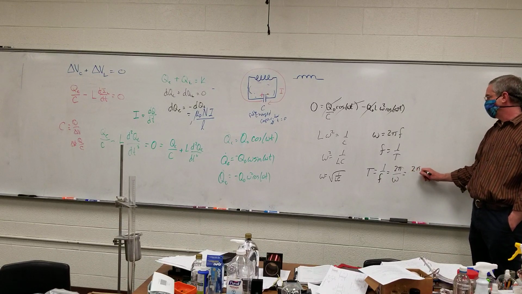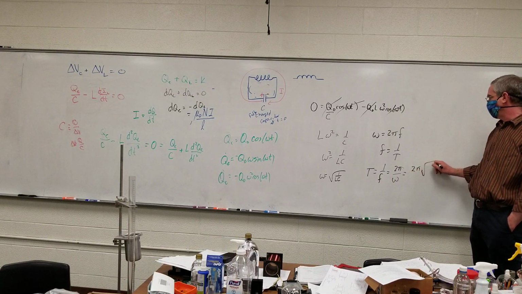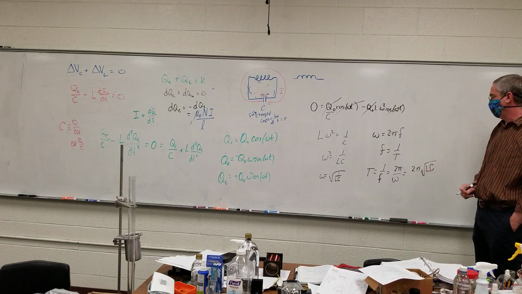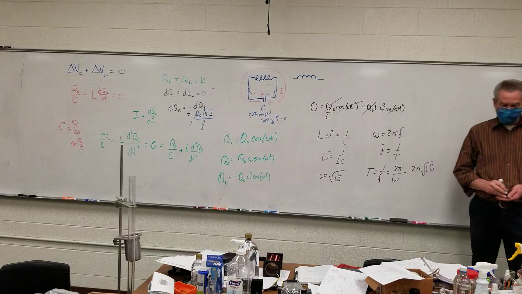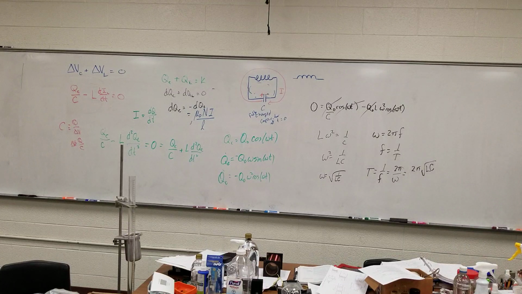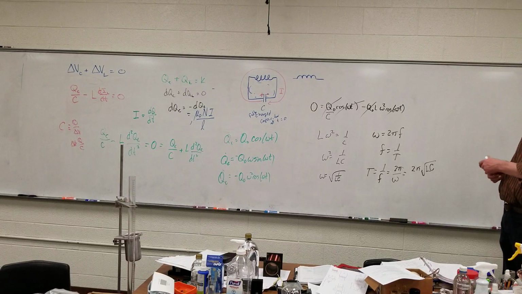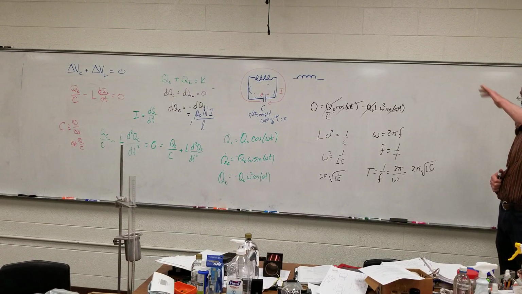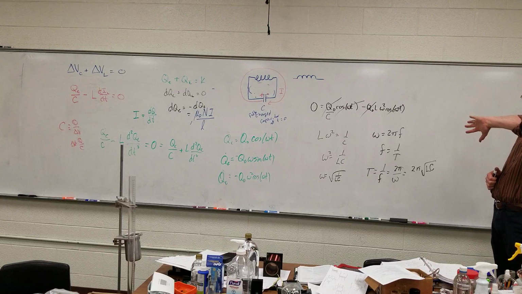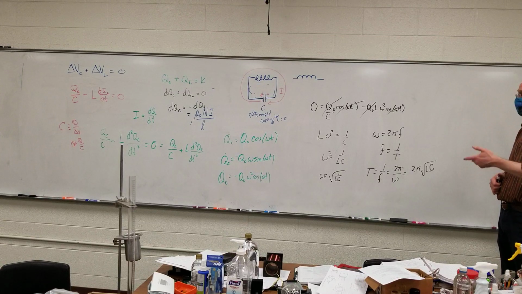So 2 pi times the square root of LC. So we didn't make a chaos error. And that's how long it would take for all the positive charge to show up onto the formerly negative plate, and then the same amount of time to go back the other way.